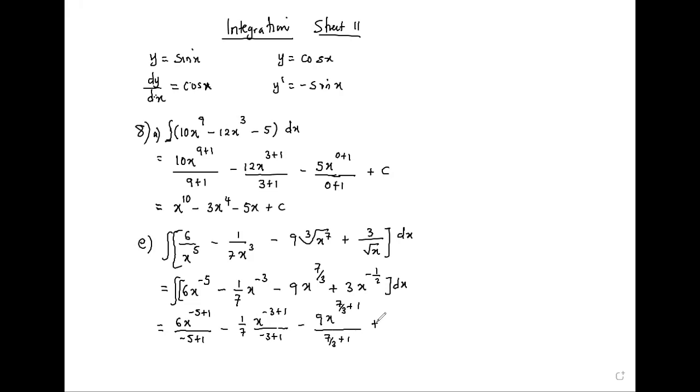Plus 3 x to the minus 1 over 2 plus 1, and then we divide by what we get. Add a C. So you expect this simple integration. It shouldn't be that hard in our mind. So this is one method that we have, and it's called the extended power rule.